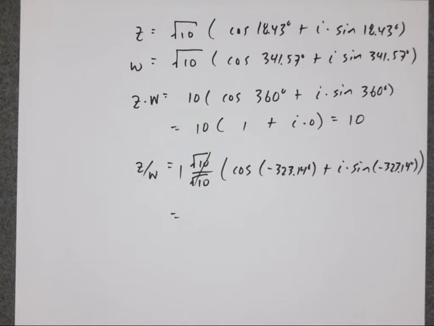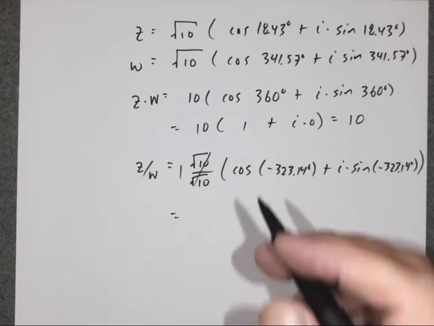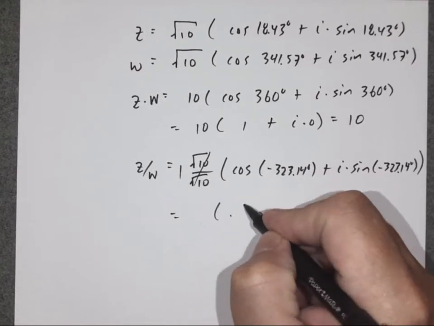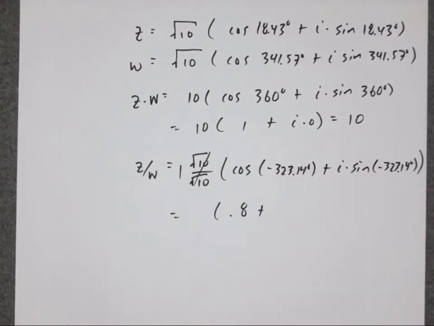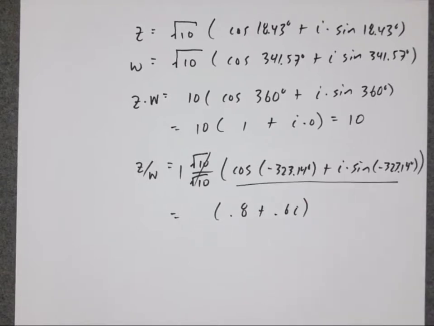So 323.14, the cosine of that is like 0.8, and negative 323.14, the sine of that is like 0.6. So if you divide them, you get something like this. Or if you want to leave it in polar coordinates, just like that.